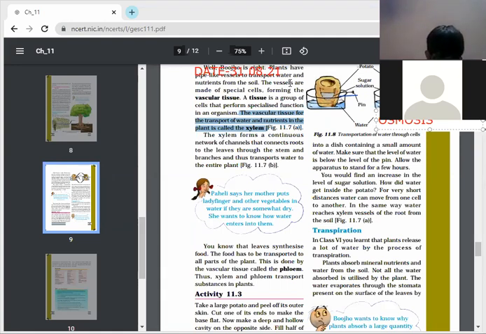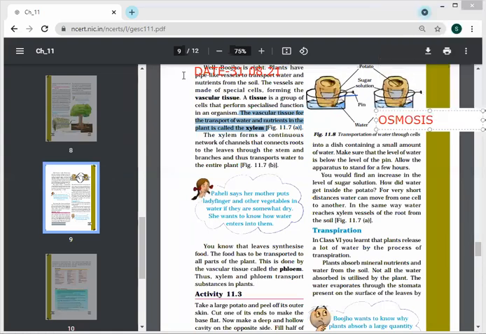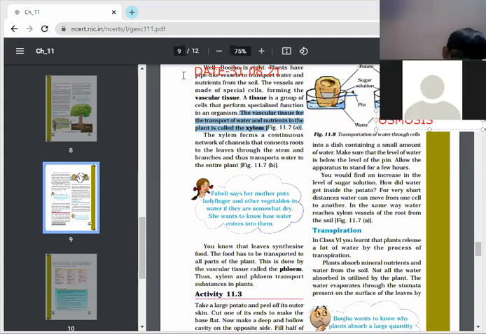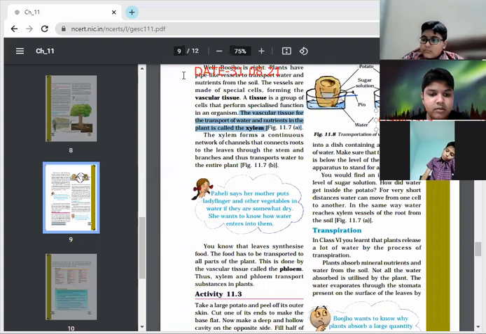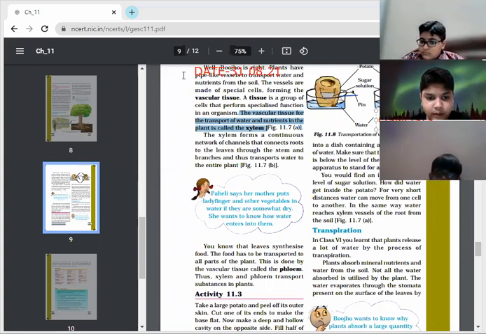Then we have to put a plant in that. After some days, we have seen that the water level is less as the stem absorbs the water. So this is due to the same vascular tissue. Yes, beta. That is how stems absorb water.